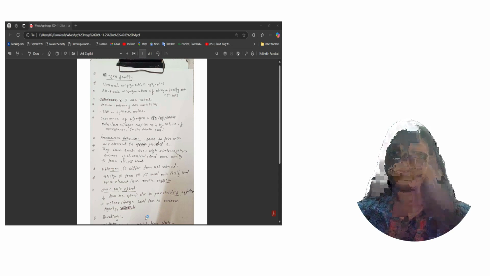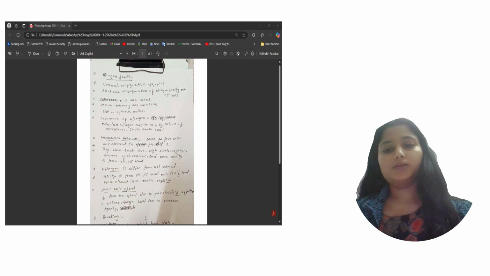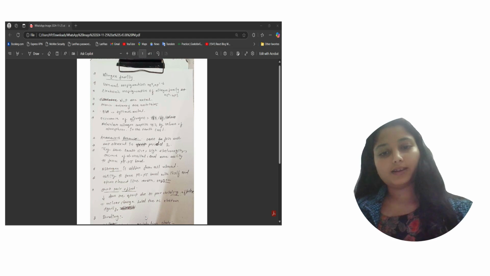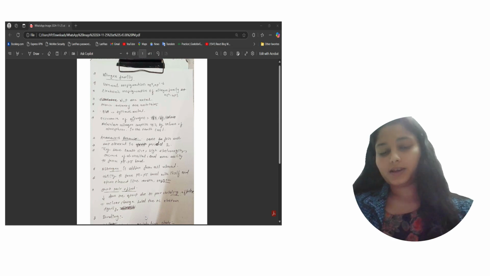Now if we talk about the magnitude of electron gain enthalpy, it increases from left to right. If we talk about boiling point, it decreases from left to right and increases from top to down. Melting point also follows the same trend: when we go left to right it decreases, and when we go top to down it increases.